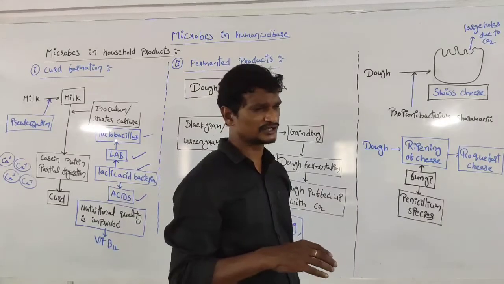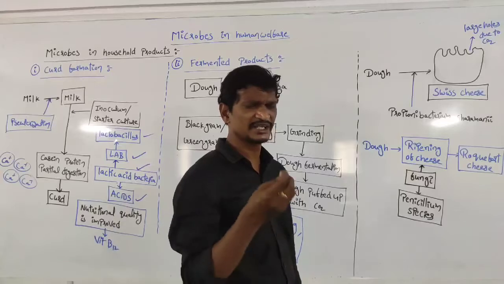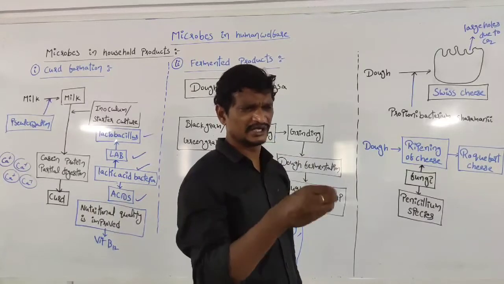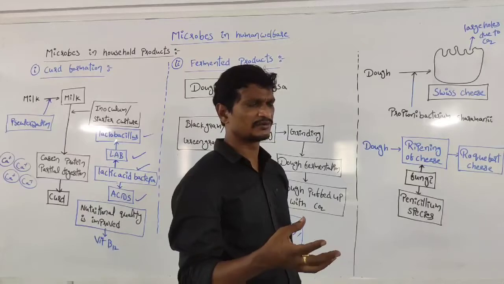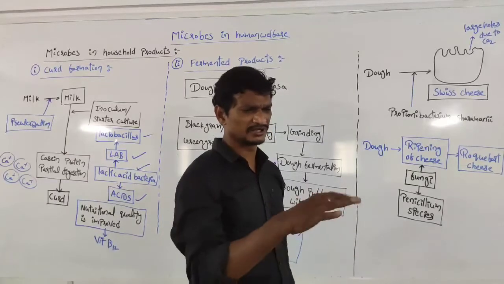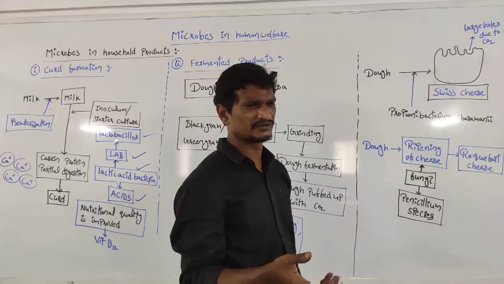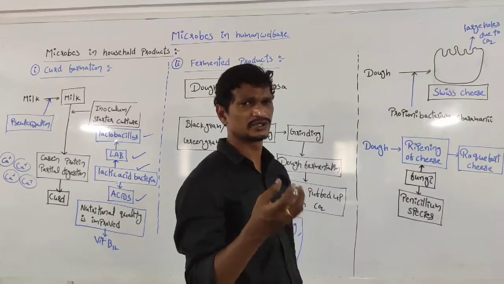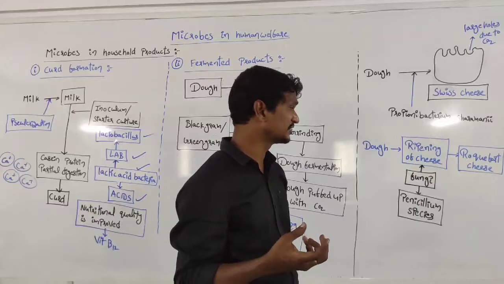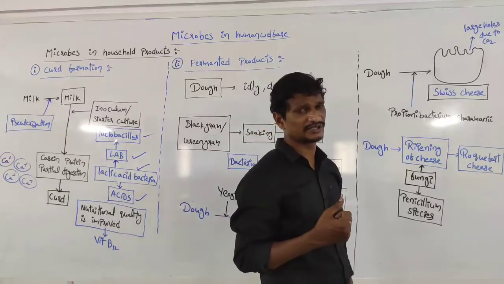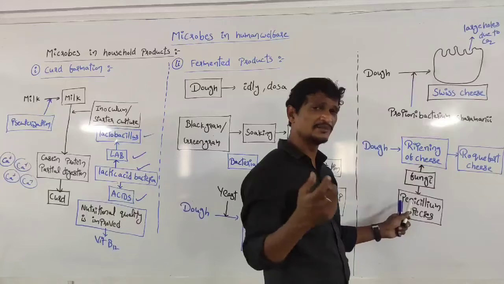For that flavoring process, I added one of the fungi on the surface of the cheese. Then after that addition, sometimes I subject it to incubation. After that incubation process, the surface produces one kind of smell because of the addition of the flavoring agents or the ripening agents.